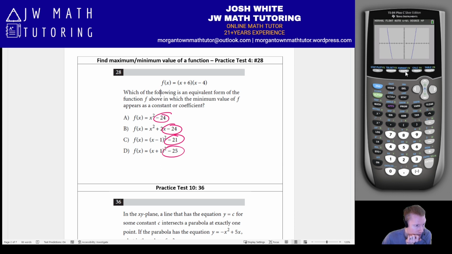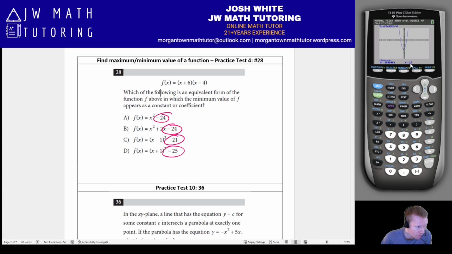Okay, I can't actually see the minimum value, so I'm just going to zoom out to get a better view of it. Okay, now I can see it. Now we'll go to second, calculate. We will go to minimum. Left bound, we'll move to the left of it, hit enter. Now for the right bound, to the right. Now for my guess, right in the middle.